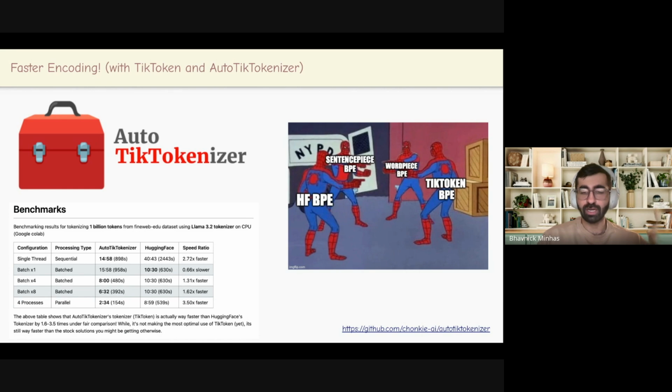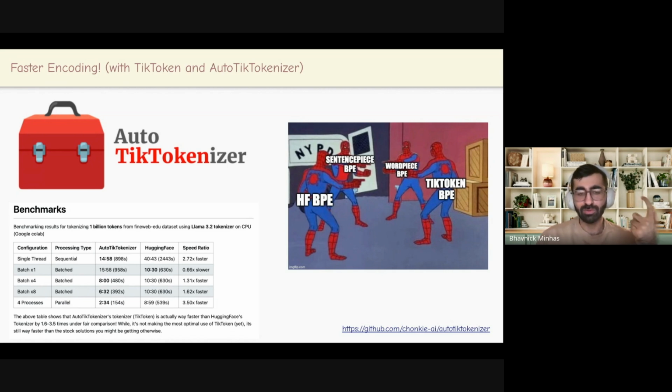Funnily enough, I actually did this test with LangChain when I was trying to compare Chonkie versus LangChain back in like October last year. And what ended up happening was Chonkie was actually slower on token chunking initially by like 5x or something.